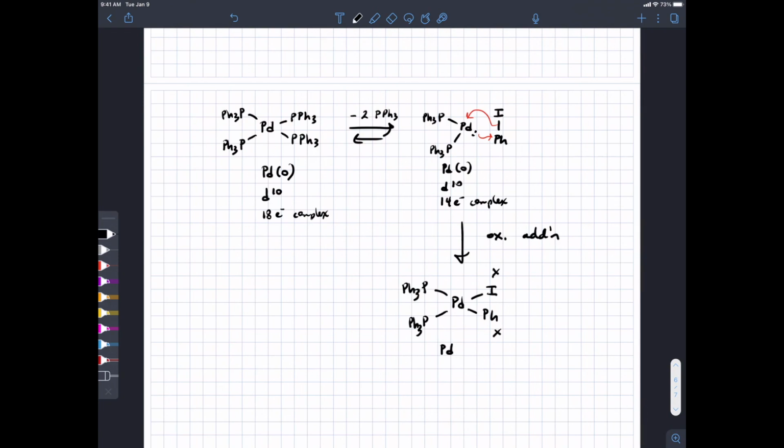So this has to be palladium 2, d8 electrons. Palladium has 8, and then there are 8 from the ligands, so that's a 16 electron complex.